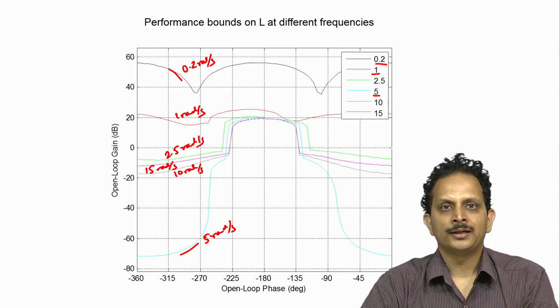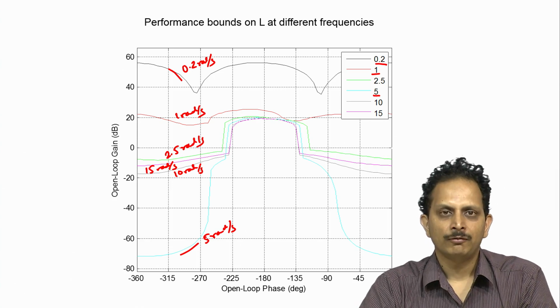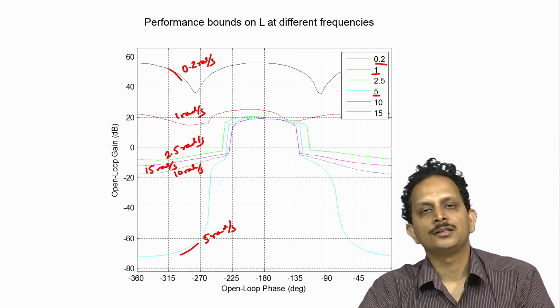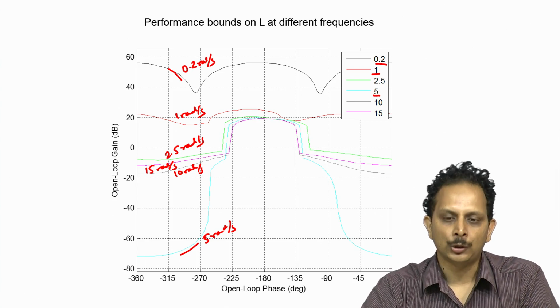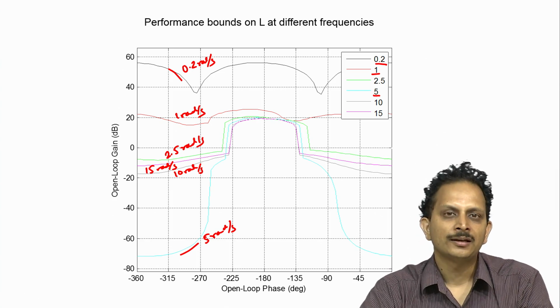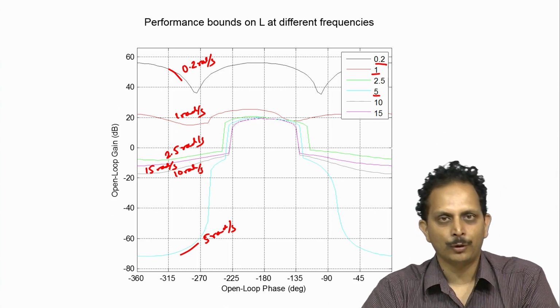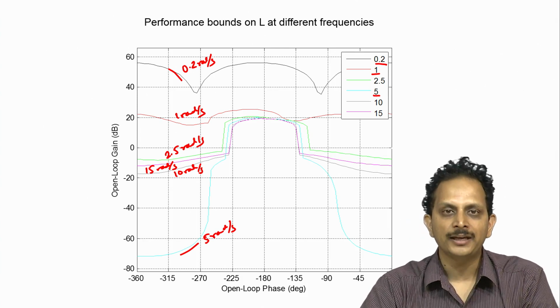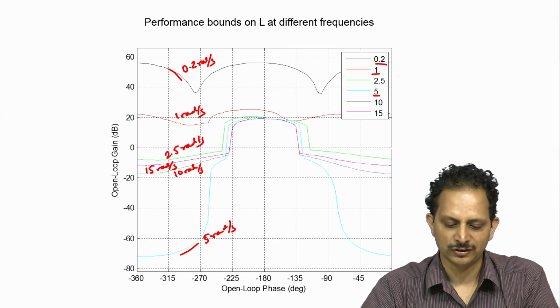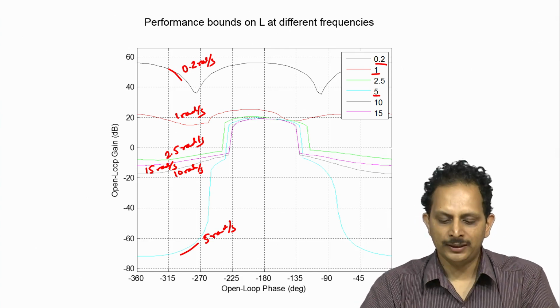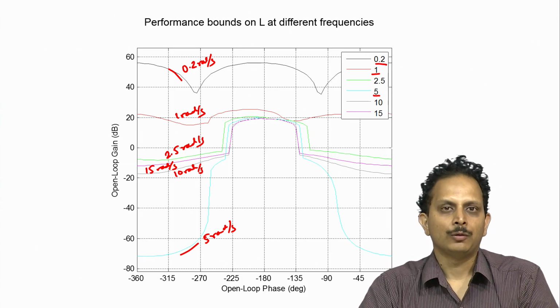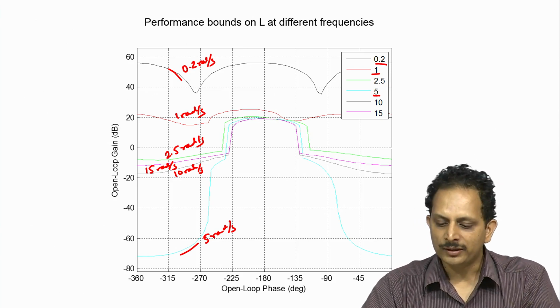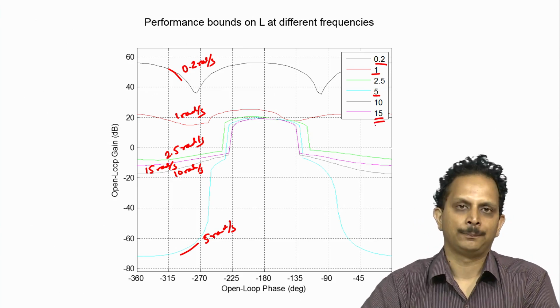Now that we have plotted the performance bounds, we are ready to undertake the design of the controller that makes sure that at each of these particular frequencies the loop gain is located within the permissible areas at those respective frequencies. But before we do that, we need to still worry about stability at frequencies beyond 15 radians per second.